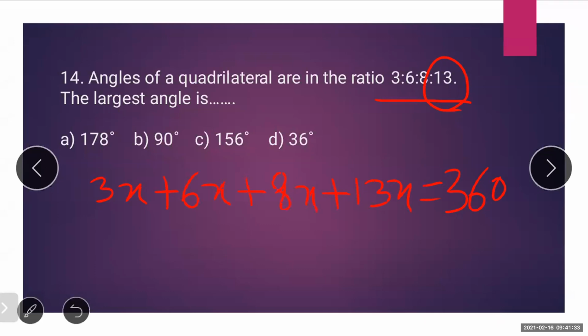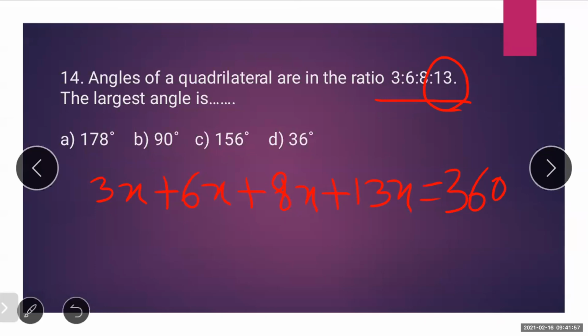Because they have not mentioned any type of quadrilateral, or the adjacent angle, opposite angle, diagonal. Nothing is mentioned over here. Only they have given the ratio, and out of that ratio, your duty is to find the value of the largest angle.